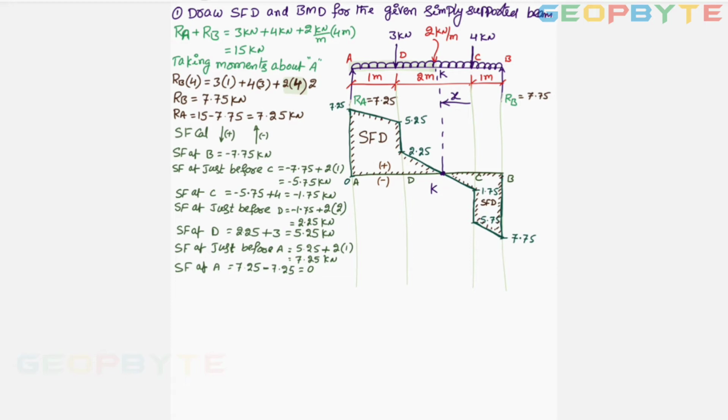To find the maximum bending moment, I should know the distance x. The distance x can be found like this. Look at the shear force value at K. Shear force at K equal to 0, where bending moment is maximum.